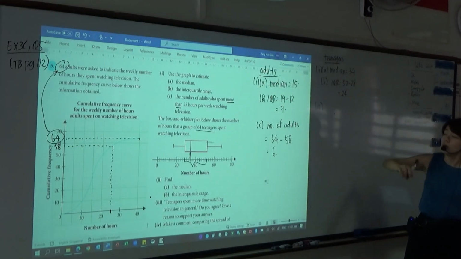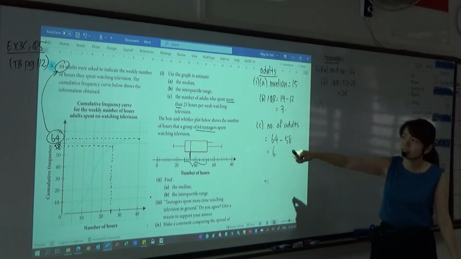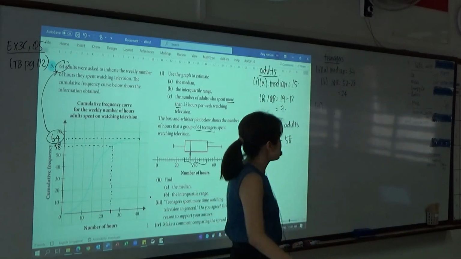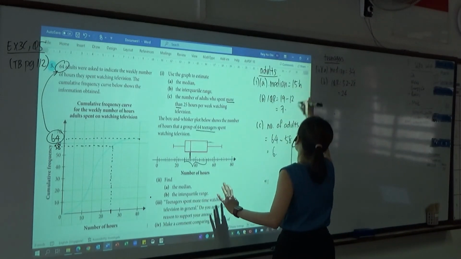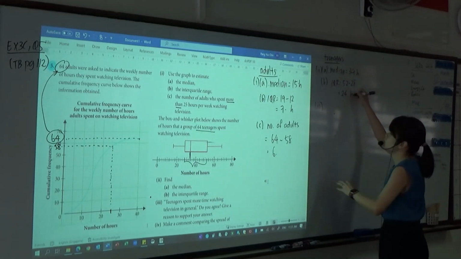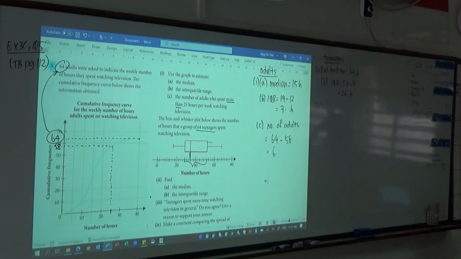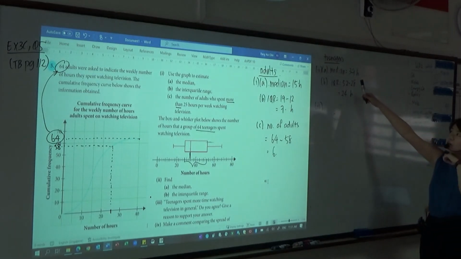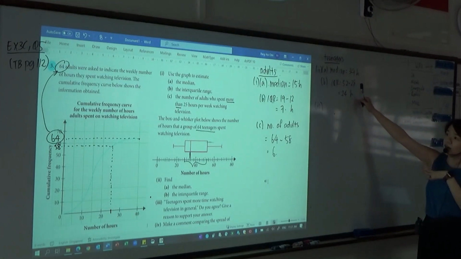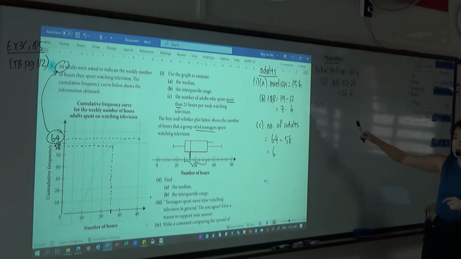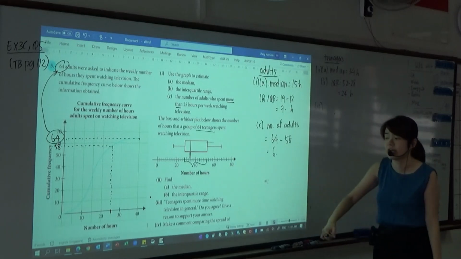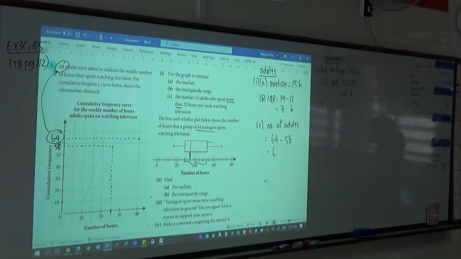The value over here tells us about the number of hours. Really speaking, there should be units as well. So this means that in general, looking at the median itself, the teenagers indeed spend more time watching television in general. So you agree?